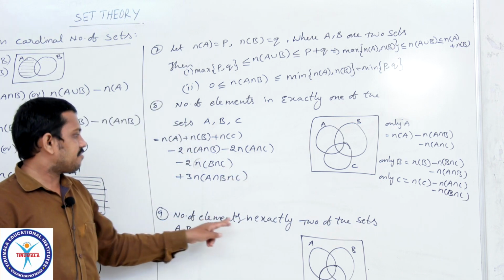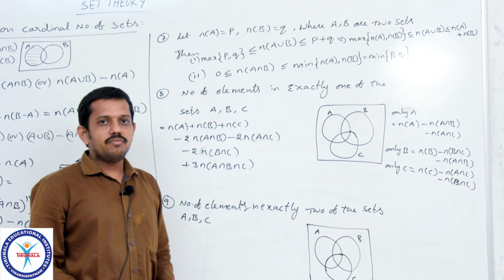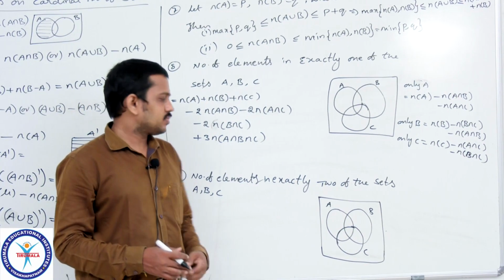Now, what is the number of elements in exactly 2 of the sets? We require to consider the number of elements exactly in 2 sets.